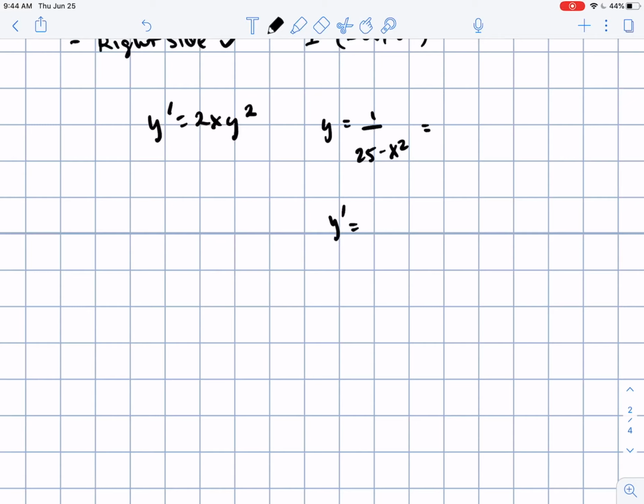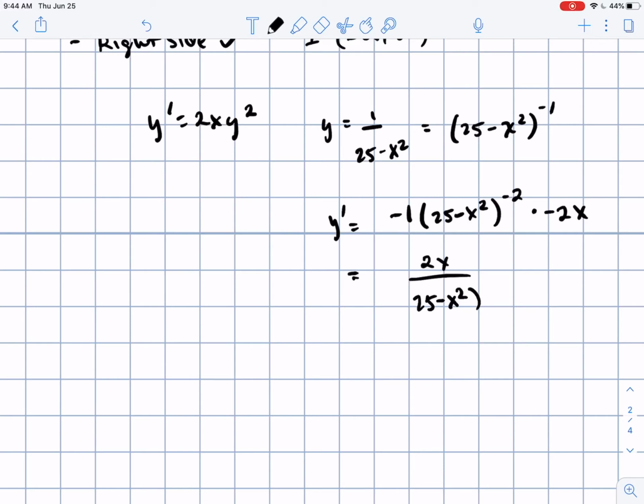So remember, if you're a little confused, we could rewrite this by bringing it up and putting -1. You could do a quotient rule, very annoying quotient rule, but I like chain rule, bring that up. You know, it's -1, 25 minus x squared to the -2 times derivative of the inside, which is -2x, right? Okay, so that gives us 2x, right, positive over 25 minus x squared, the whole thing squared, right?